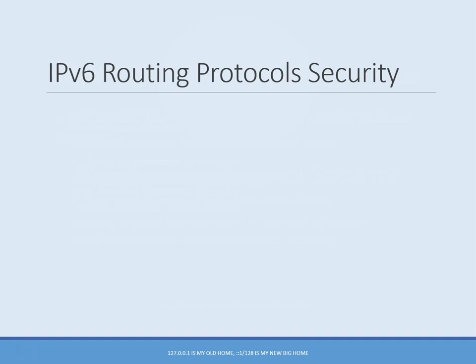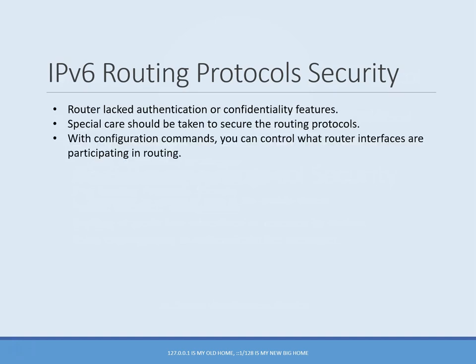Now, for the security of the IPv6 routing protocols. Routing protocols are intended to work in a friendly environment where all the routers cooperate with each other for the common goal of speeding up convergence times.